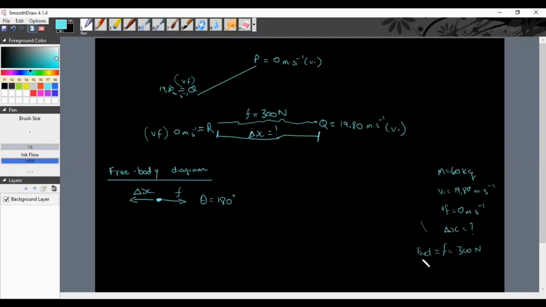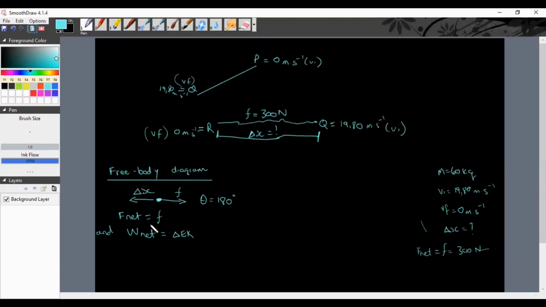So the net force comprises of only one force, which is the frictional force, equal to 300 newtons. It's the same formula. If F net only comprises the frictional force, and the net work is equal to the change in EK, that's the formula.